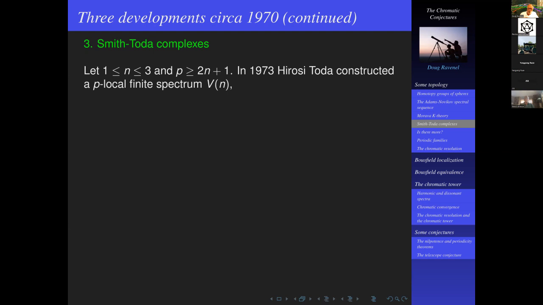Then Hiroshi Toda constructed a p-local finite spectrum that he called V of n, and it's a CW complex that has 2 to the n plus 1 cells in certain dimensions, and its BP homology is the quotient of the ring BP star by the ideal generated by P, V1, V2, and so forth through Vn.